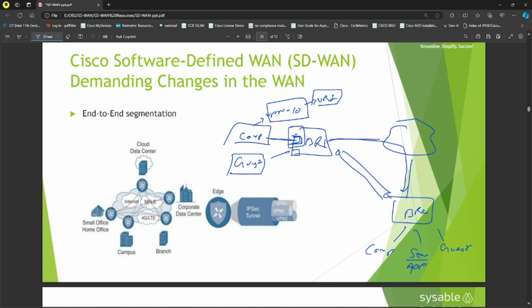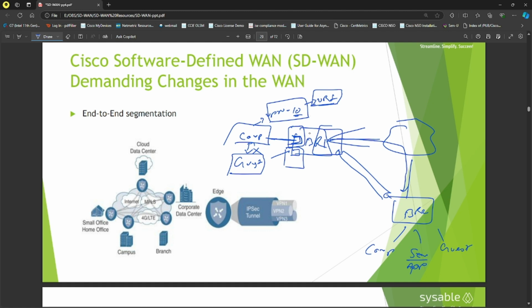Similarly, the guest one is also a different router, and the links connecting to your internet are also a different router. So you're breaking one router into multiple routers. Now the corporate employees and the guest users cannot communicate with each other because they are associated with different VRFs with different numbers.